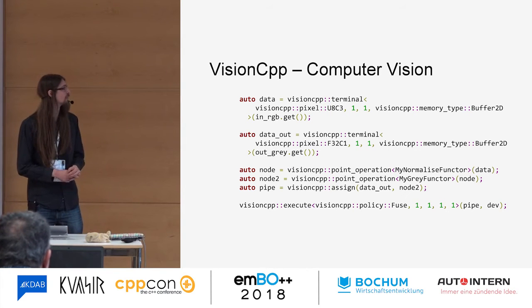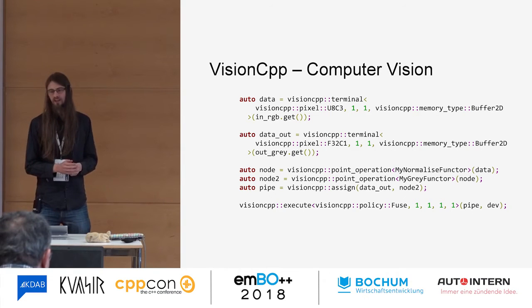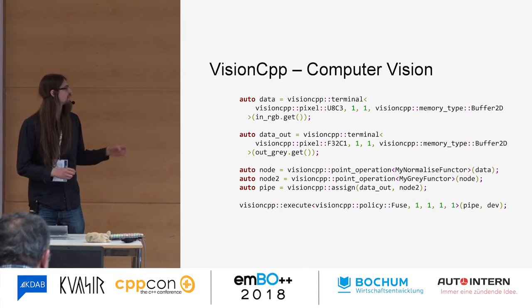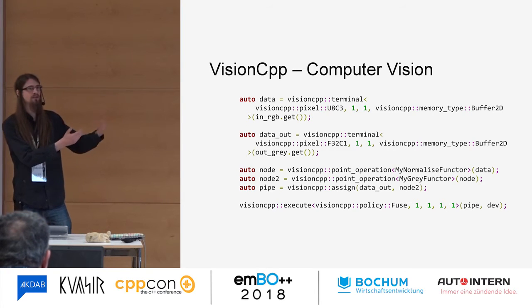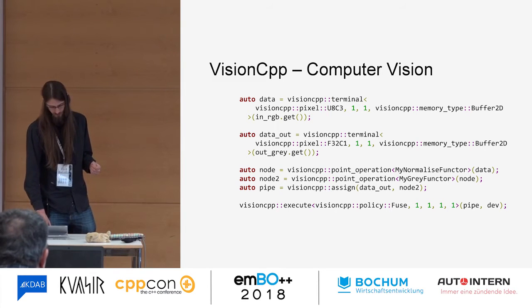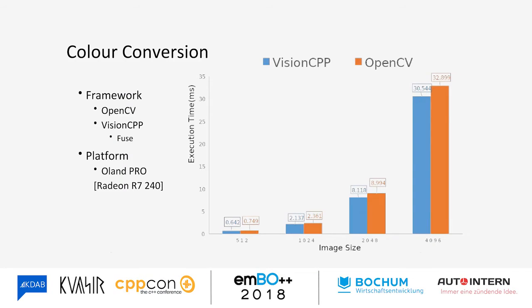This is something we work on at Codeplay. So this is VisionCpp, a DSL for computer vision applications. And so we express a kind of graph of all computations which we want to carry out. And as some performance figures here, so OpenCV is the one which everyone knows for computer vision, right?